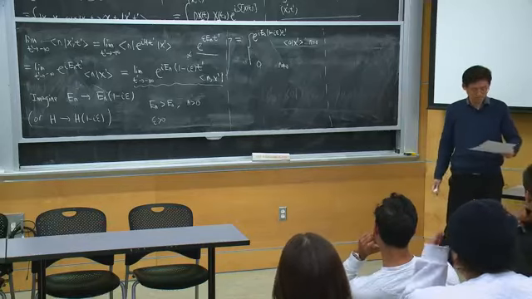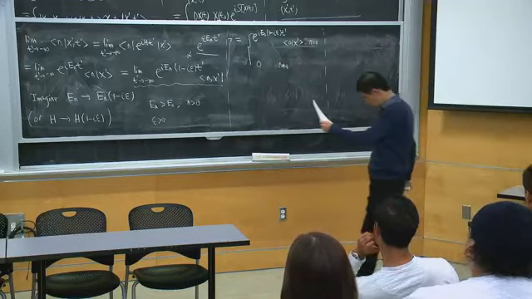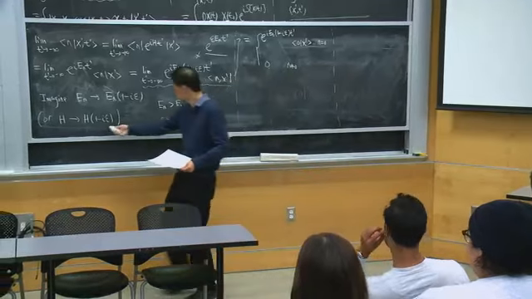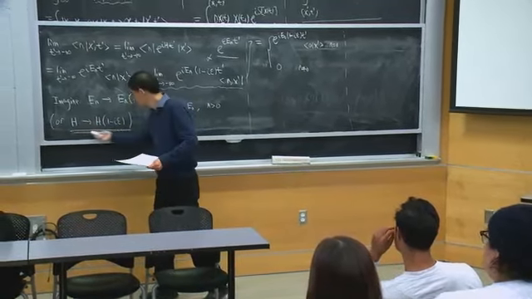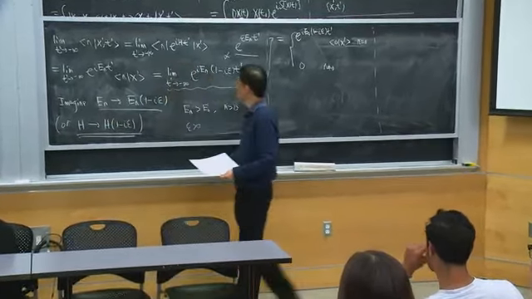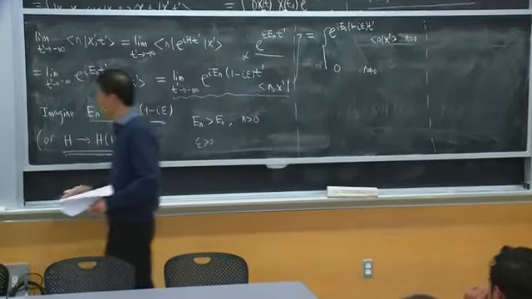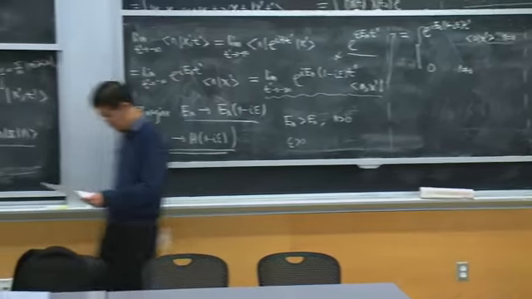Okay, so similarly, with the same trick, in one shot, it selects n equal to 0. But you see, it also selects m equal to 0.